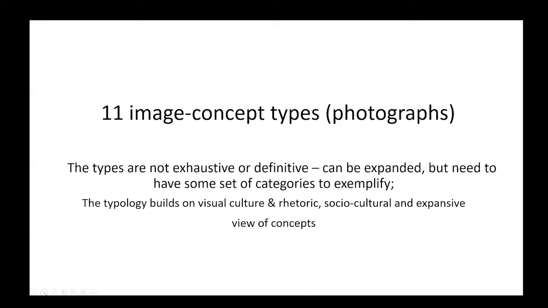These types are not exhaustive, they're not definitive, they can be expanded, but we need to have some set of categories to exemplify to our students, and also there needs to be some sort of support so that we can think more deeply about the images and how to bring together images and concepts. This typology builds on visual culture and rhetoric and social culture and an expansive view of concepts, and you will see what I mean by that just by showing you the illustrations as follows.